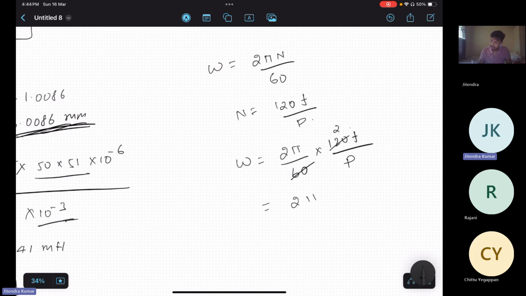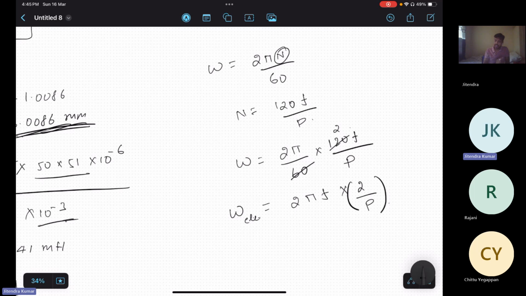So now here it is 2 pi f into 2 by p. This factor 2 by p is attached because omega is nothing but an electrical term, the electrical frequency, and n here is RPM. If you see carefully, this is a relationship between mechanical and electrical speed, a relationship between mechanical degree and electrical degree.